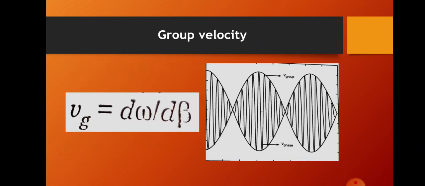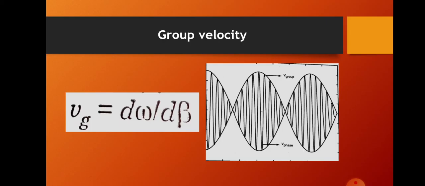This is an amplitude modulated wave, and in amplitude modulation we are superimposing a carrier with a modulating signal. So the resulting wave will have the same shape as the original signal, but it contains two signals, that is the carrier and the original message signal.